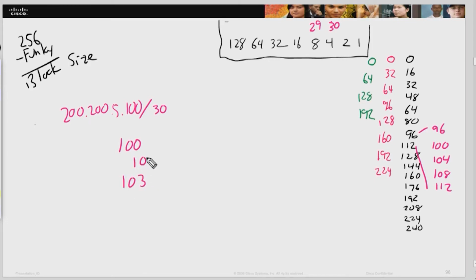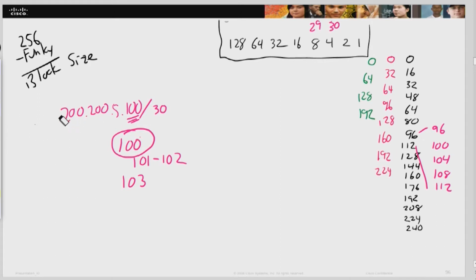Valid range of addresses is 101 through 102. You see the problem here? If this address 100 was actually assigned to an interface, to a PC, to whatever, it wouldn't work. This is invalid. It is the network ID. Cannot use it. Again, knowing my network, first, last, and broadcast tells me all of that information.